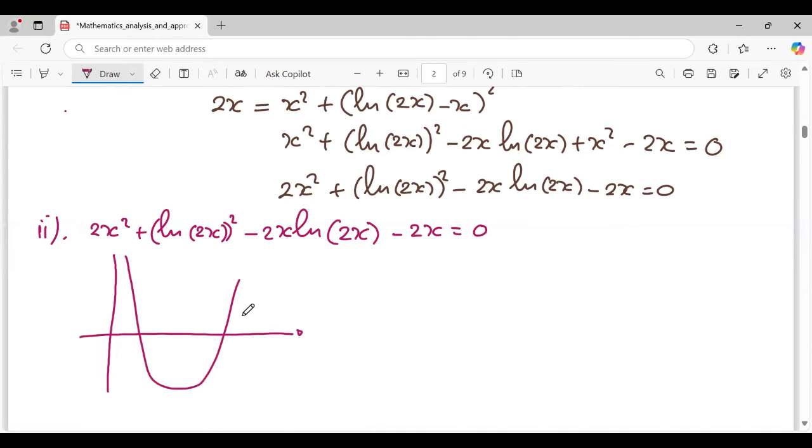This is the vertex, and the value of x is the intercept between this graph and the x-axis.